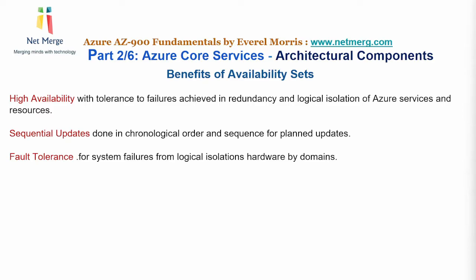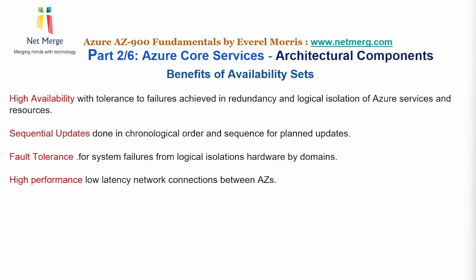So either way, if you have a fault or an update issue, you still would have redundancy based on the logical vertical and horizontal ordering that they're grouped in. Now, high performance: you get high performance because of the close proximity and the high fiber networks that are used to tie the servers together.